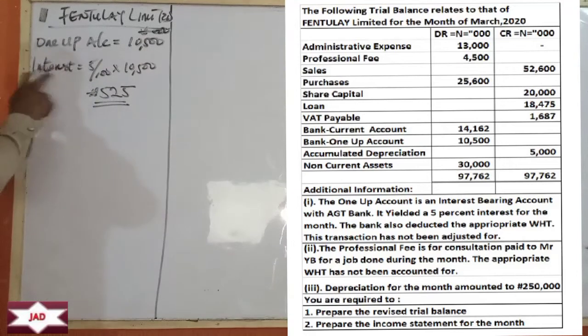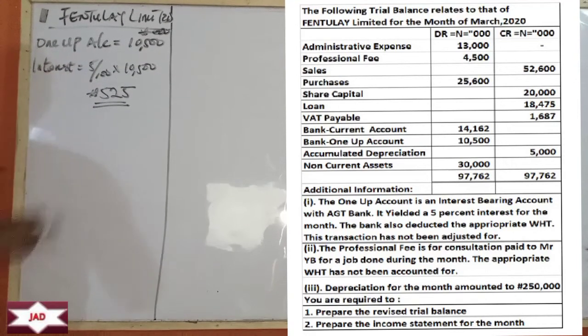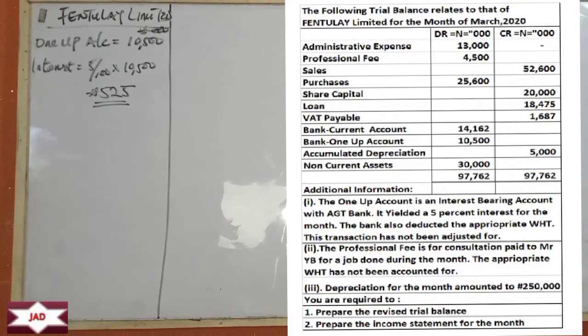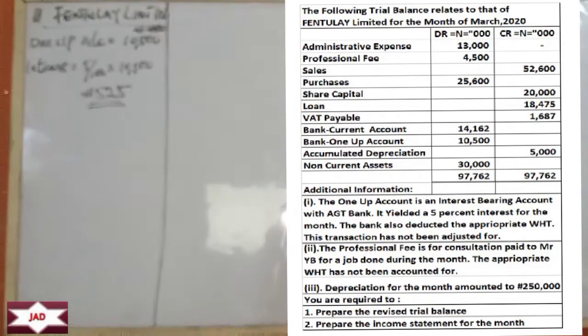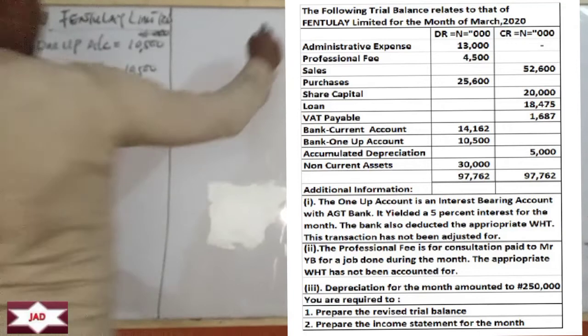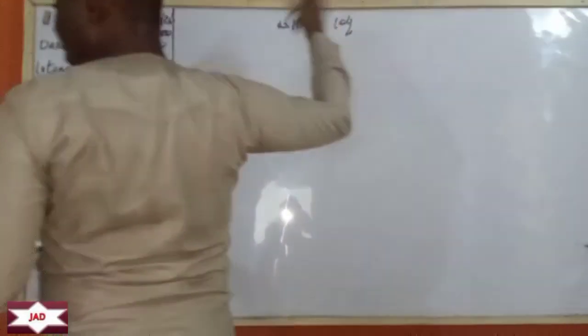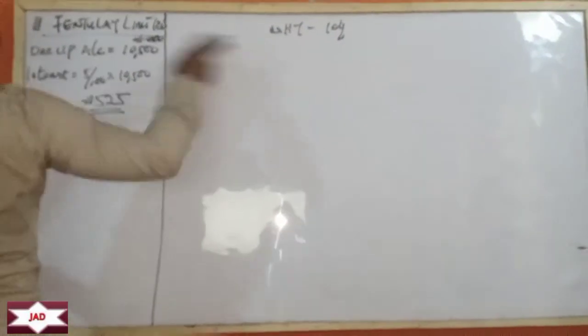Now this is your interest income, right? But now they said the bank also deducted the appropriate withholding tax. So what's the withholding tax on interest? Withholding tax on interest, if you recall, is 10%, both on company and on individual. And this is a company, so it's 10%.